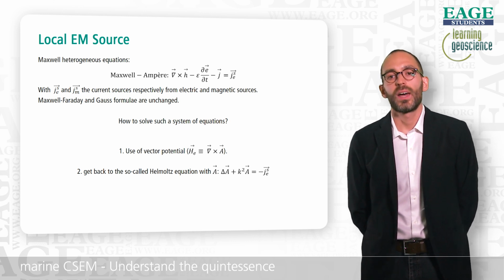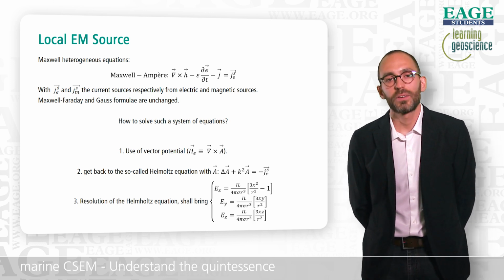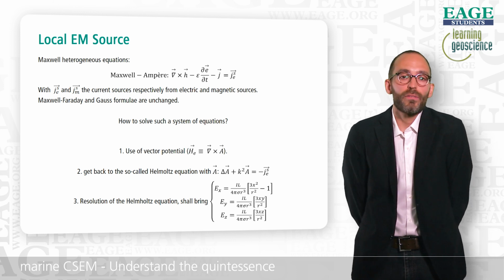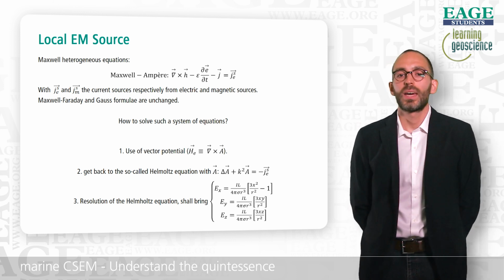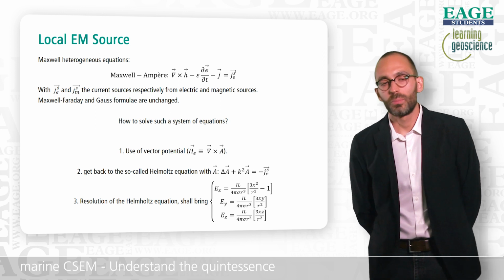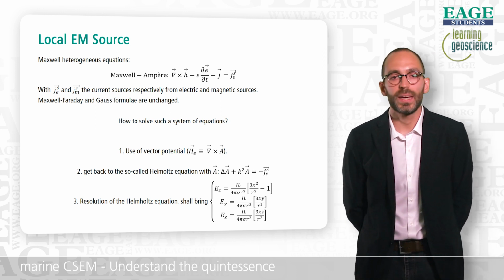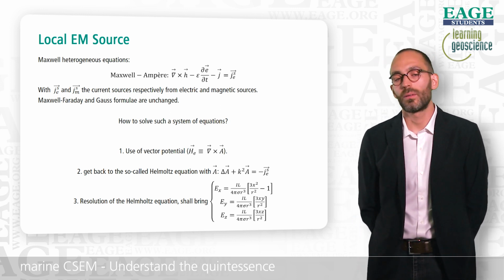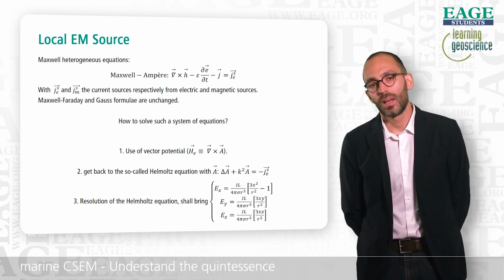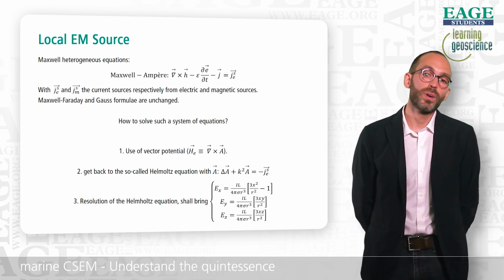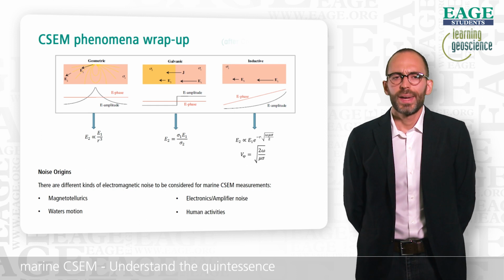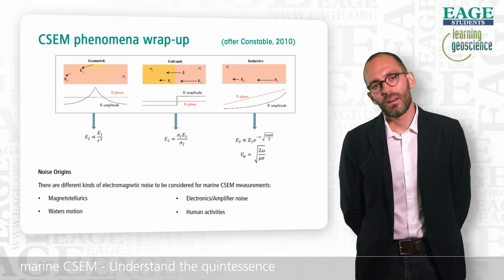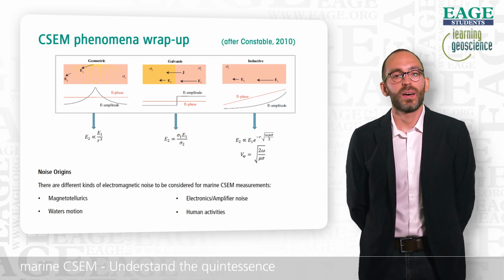And that brings a decay of the electric field varying like the inverse of the cubic offset, with IL the moment of the dipole, I being the intensity of the current flowing in the source, and L the distance between the two electrodes. And here now is a résumé of the different phenomena we have at stake.